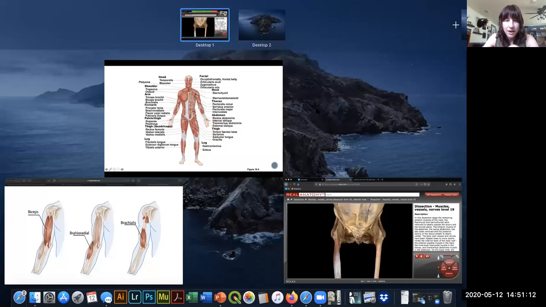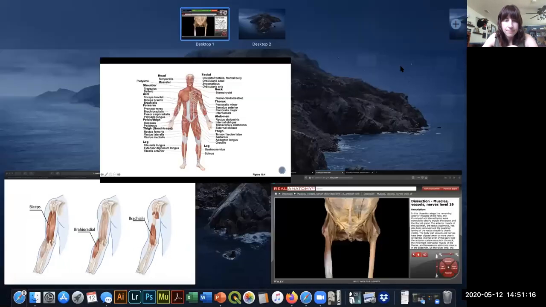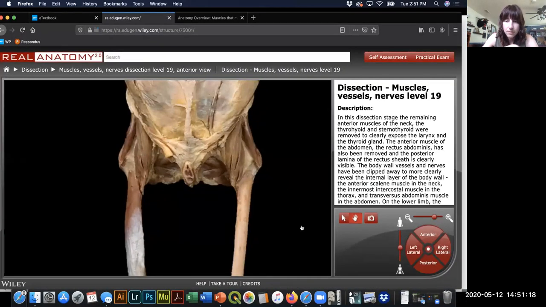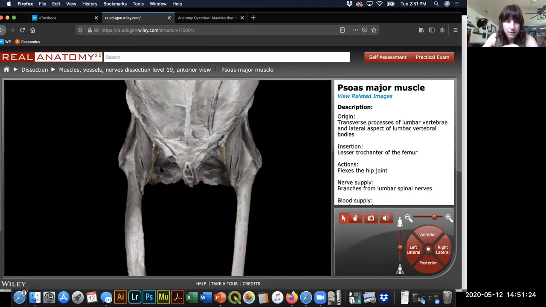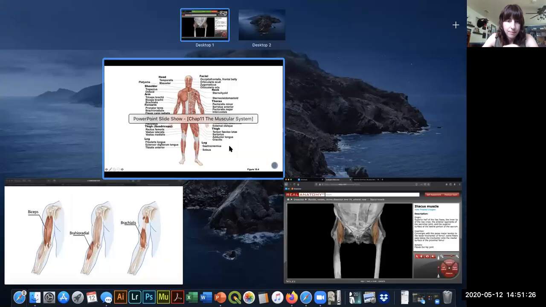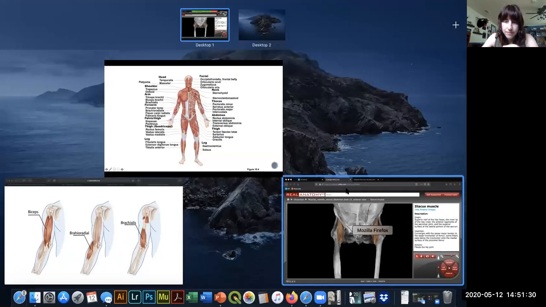And you can see how this guy right here, which should be your iliopsoas muscle, maybe is it called something else?